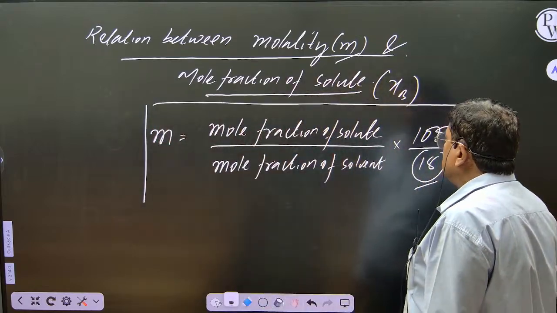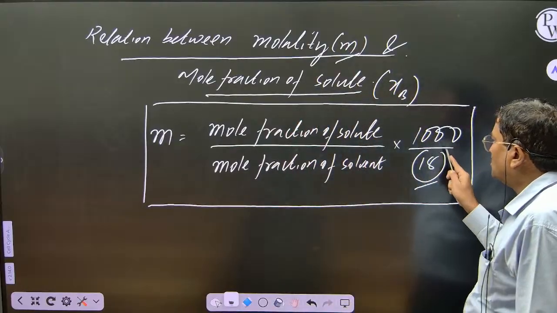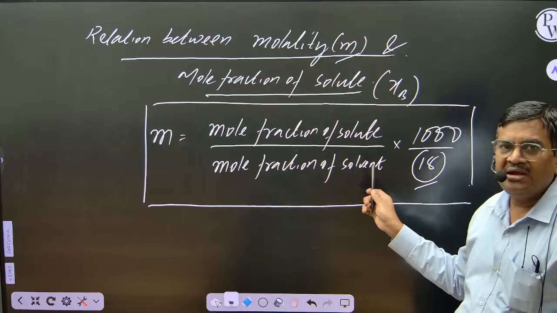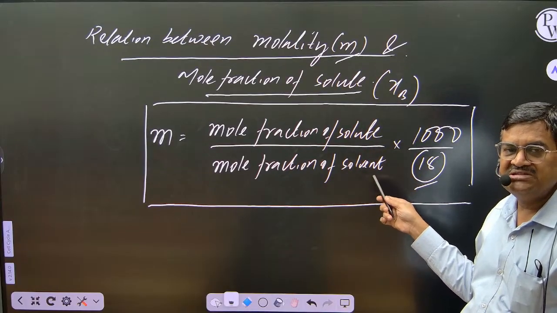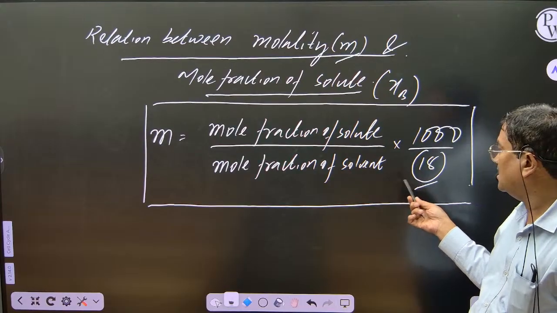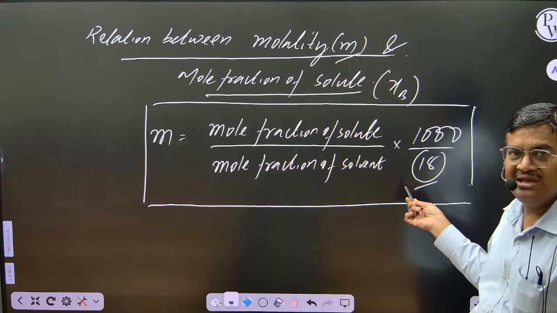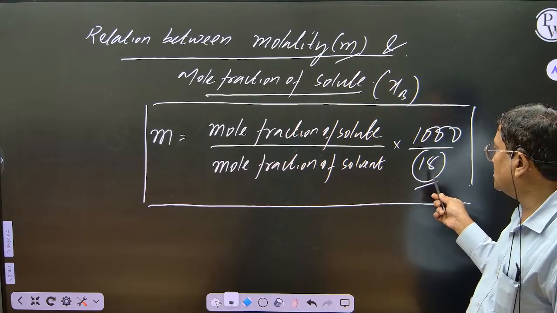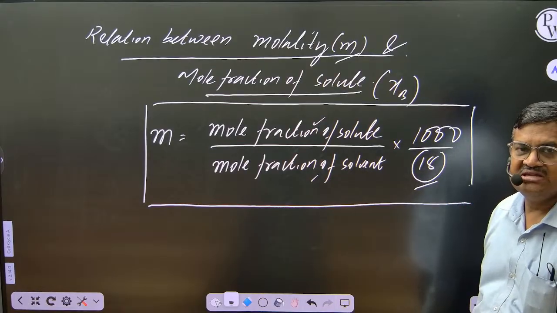So molality is given by mole fraction of solute by mole fraction of solvent into 1000 upon 18, provided it is only in what medium? Aqueous medium. Suppose they say benzene solvent, then you have to substitute the solvent molar mass. Benzene molar mass comes to 78. So depending on the solvent, the relation remains the same, only the solvent molar mass will change.